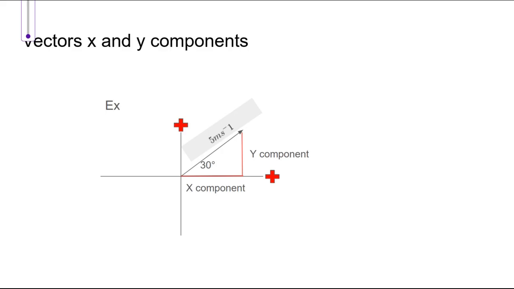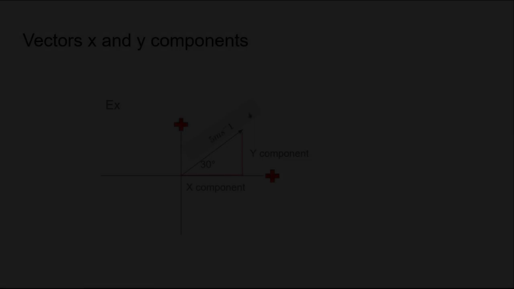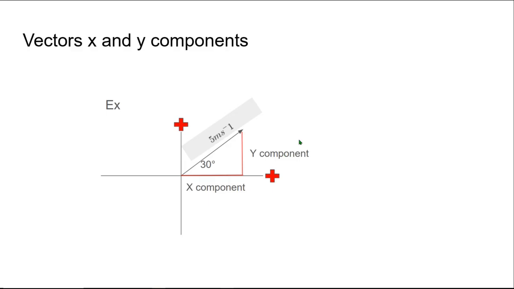And these vectors have a more common term. They are the unit vectors, as they are the two vectors that sum up together to make the resultant or original vector. Now we can find the magnitudes of these vectors by using SOHCAHTOA, which is sine, cosine, and tangent.